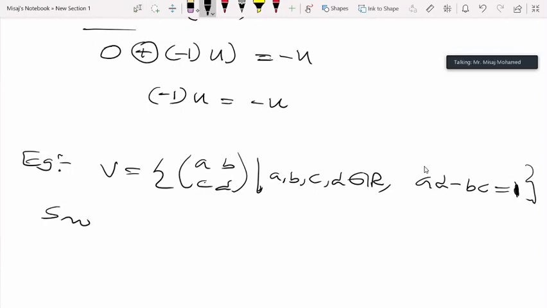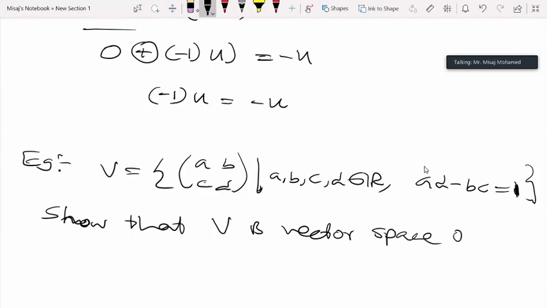Show that V is a vector space over R. Do it at home.